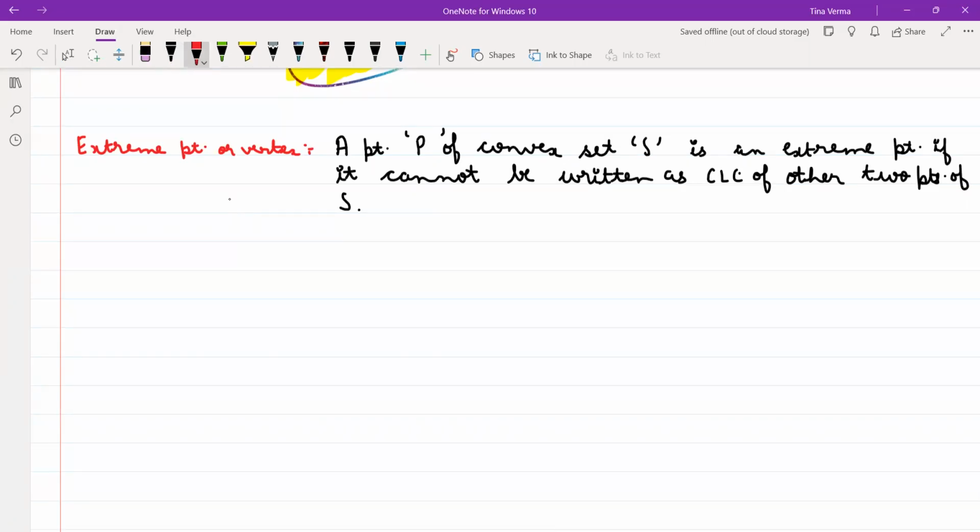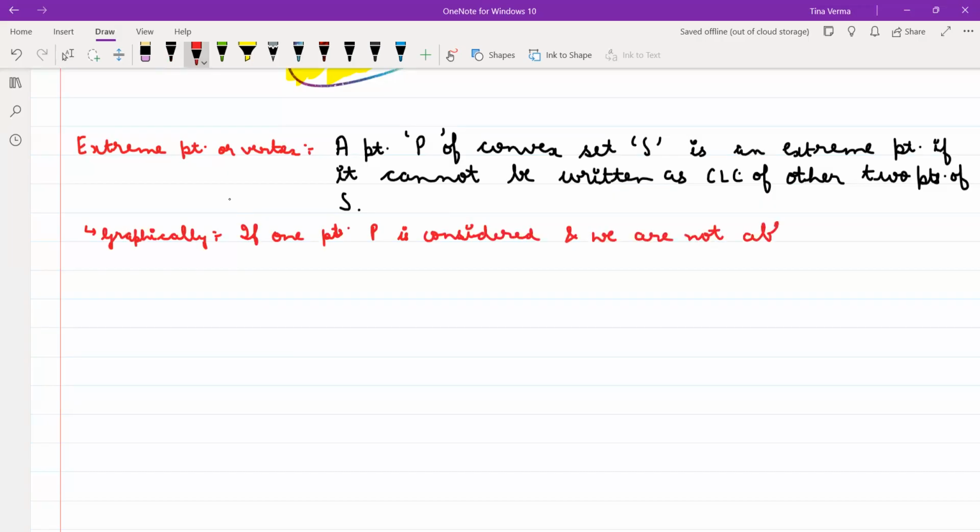So graphically, how can you check? If you have taken one point P and we are not able to pass a line through P within the set, then P will be your extreme point.